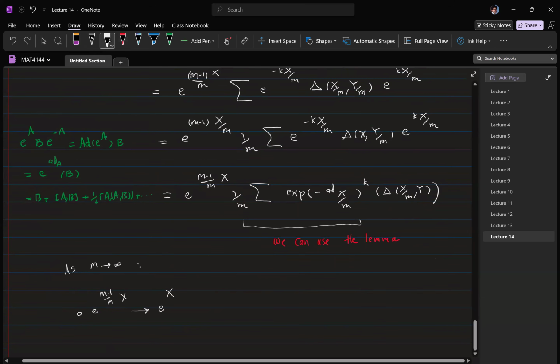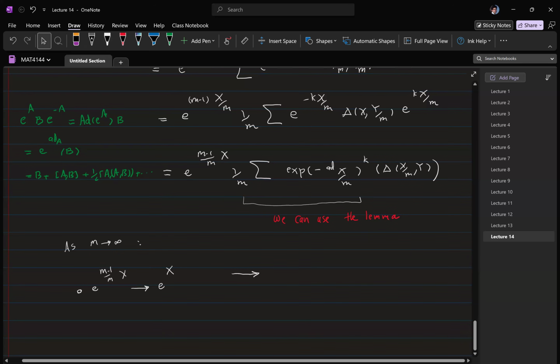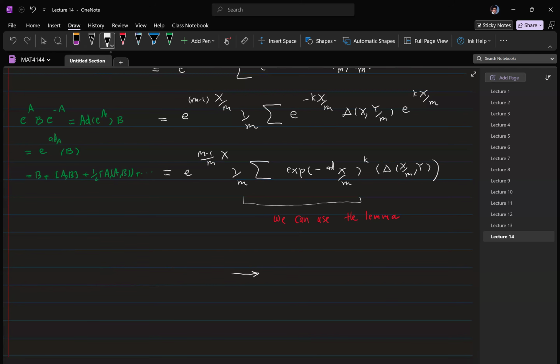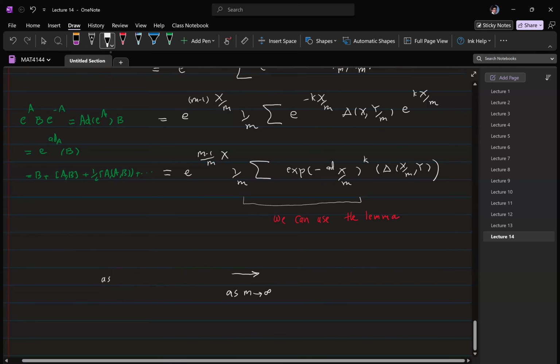So as m goes to infinity, by the lemma, this converges. Let me create more space for what I want to write. So this thing above converges. First, this exponential factor outside converges to e to the x.